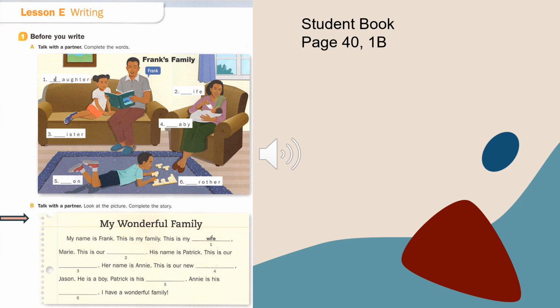This is our what? This is our blank. Her name is Annie. This is our new, and look at the picture, Jason. He's a boy. Patrick is his what? Annie is his what? I have a wonderful family.